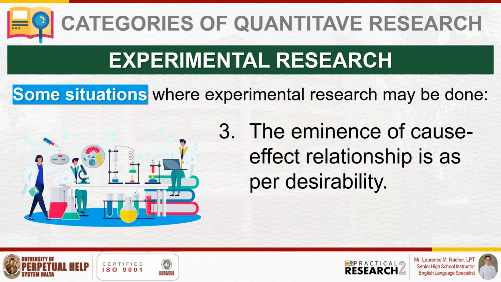In other words, class, the more desirable or beneficial the effect or outcome, the more prominent or valued the cause-effect relationship becomes. This idea highlights that the perceived importance of a cause-effect relationship may be influenced by the positive or negative consequences that are associated with it. So that's the third situation.